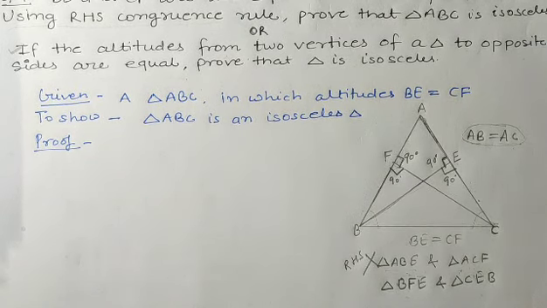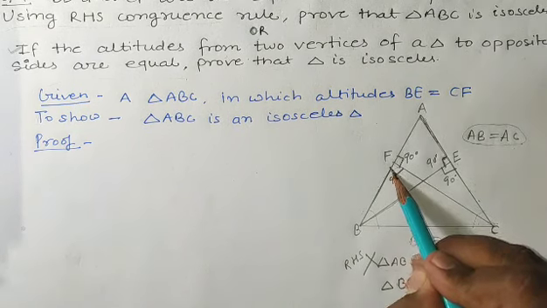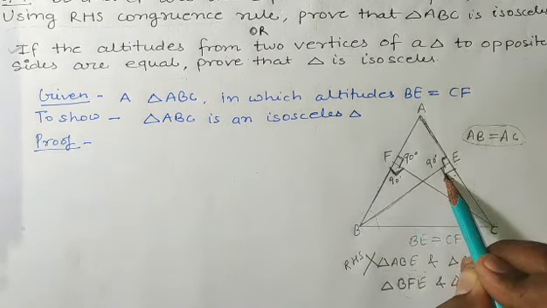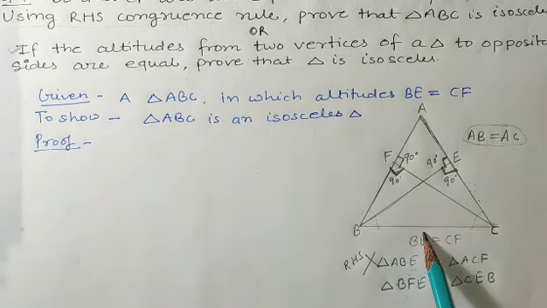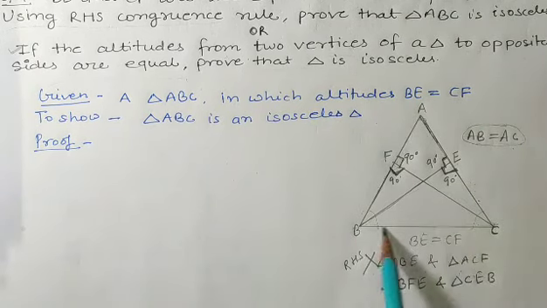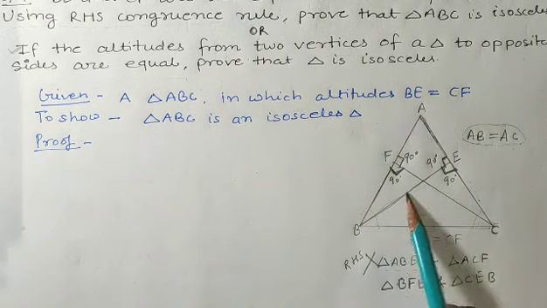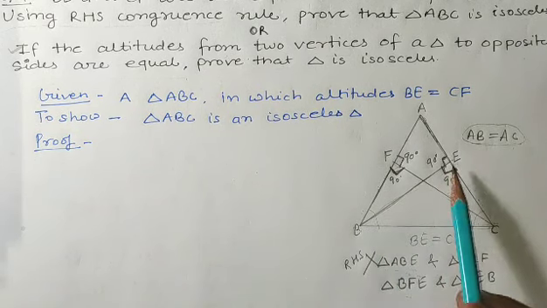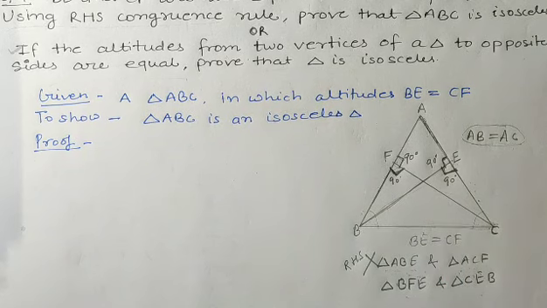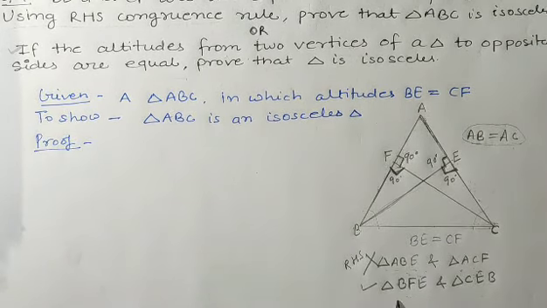Now how can we apply the RHS criterion? The right angle is equal to right angle, the hypotenuse BC is common, and one pair of sides: it is given that the altitudes are equal, so BE is equal to CF.